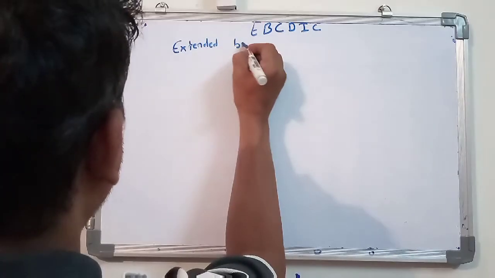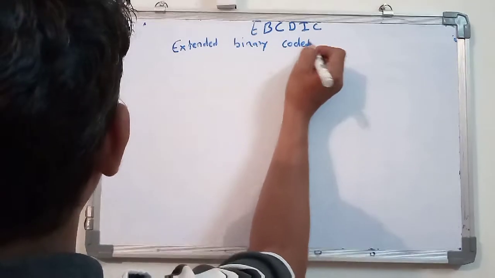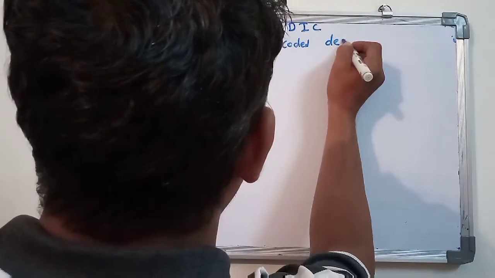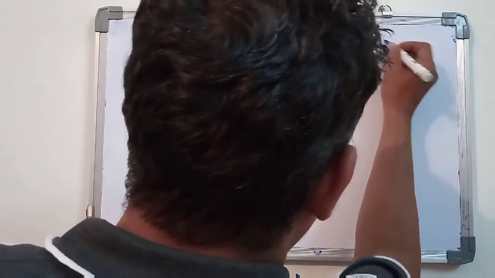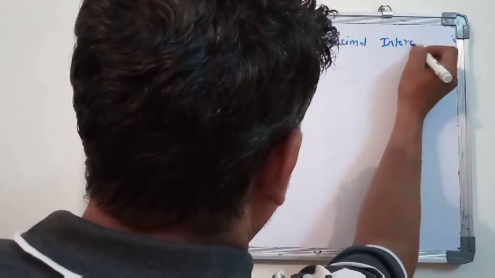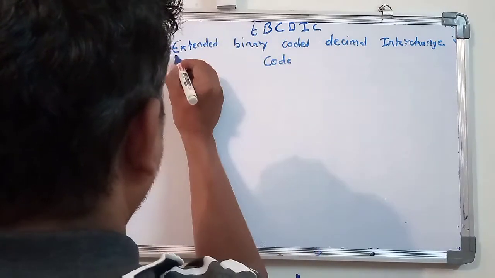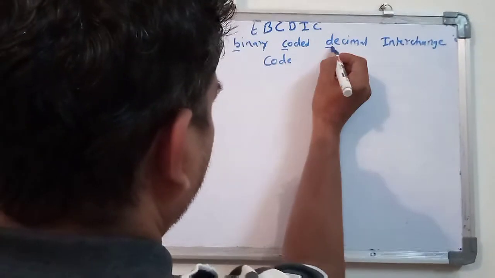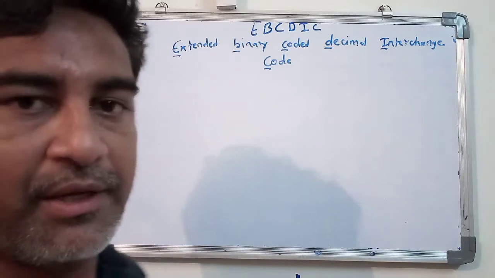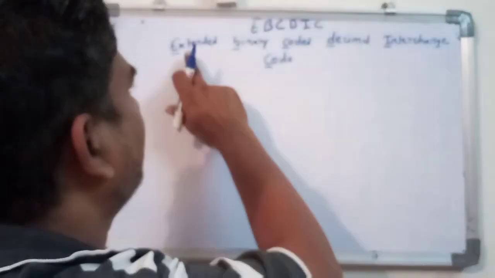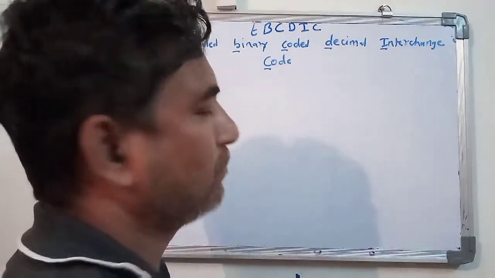E, B, C, D, I, C is the full form for that particular EBCDIC. What is the full form? Extended Binary Coded Decimal Interchange Code.